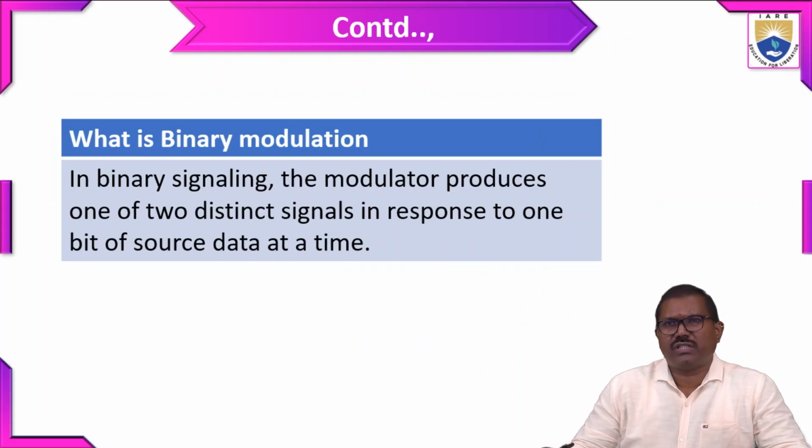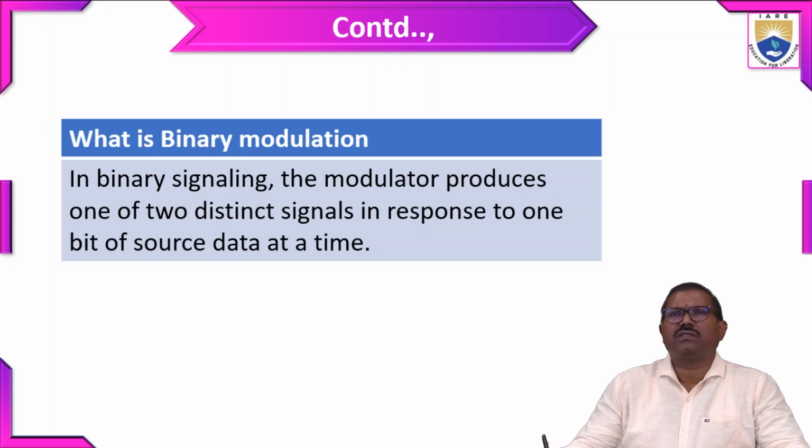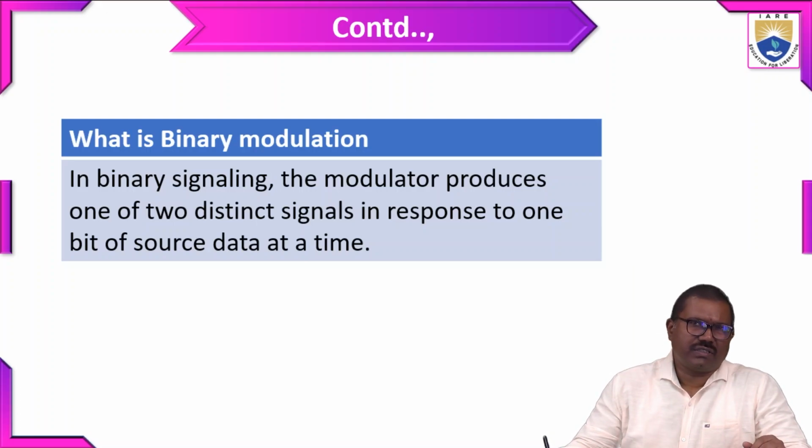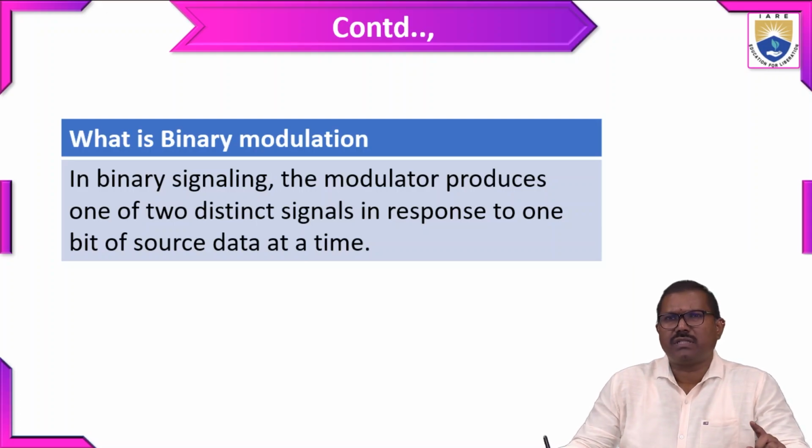What is binary modulation? In binary signaling, the modulator produces one of two distinct signals in response to one bit of source data at a time. Here, two types of modulations are there. One is binary and another is M-ary. Here, only one bit we can send at a time.